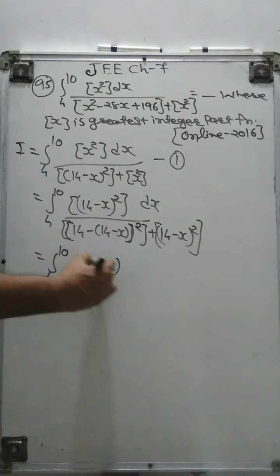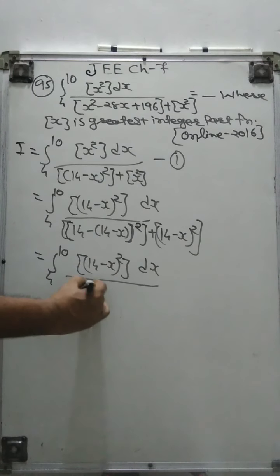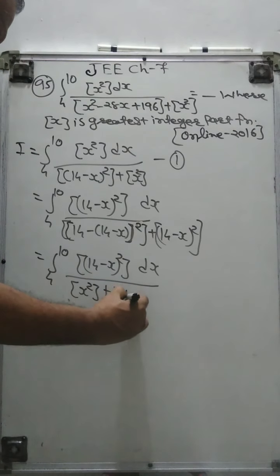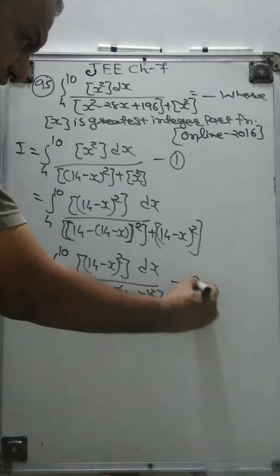Integral of (4 - x) squared dx upon x squared plus (4 - x) squared. This is the second result.